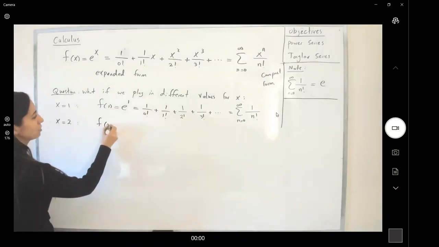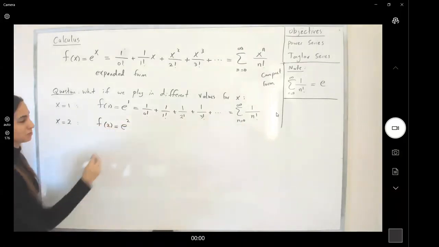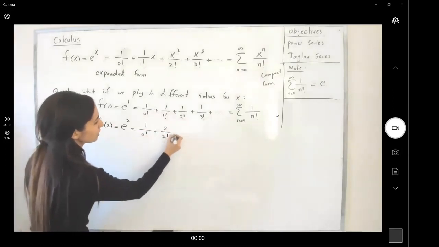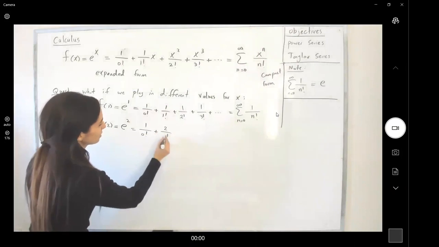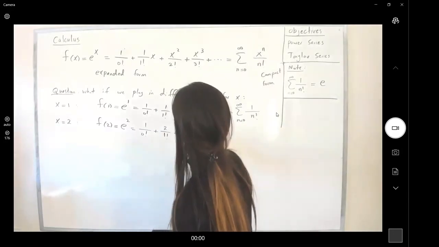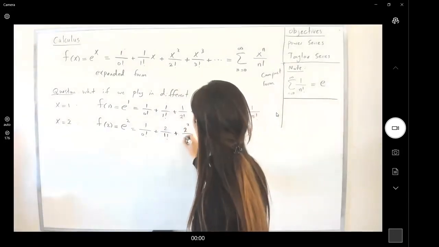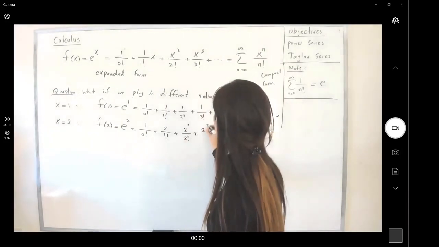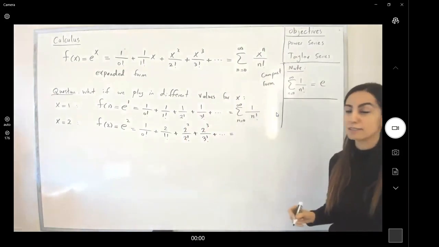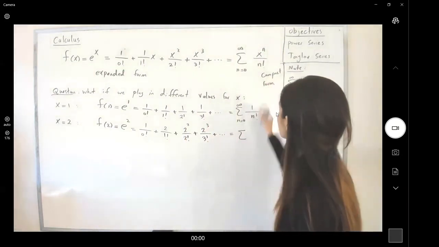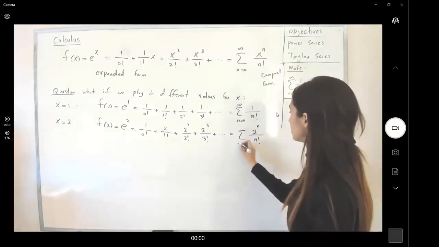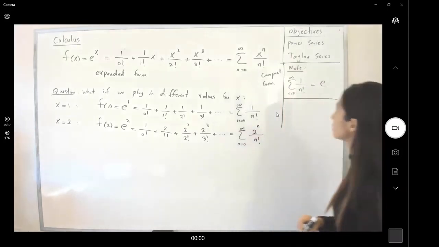I have f of 2 equals e squared, which is equal to 1 over 0 factorial, plus 2 over 1 factorial, because here you have x, plus 2 squared over 2 factorial, plus 2 to the third divided by 3 factorial, plus the rest of the terms, or this is equal to the sum, with x equal to 2, of 2 to the n over n factorial, starting from 0 and going to infinity.